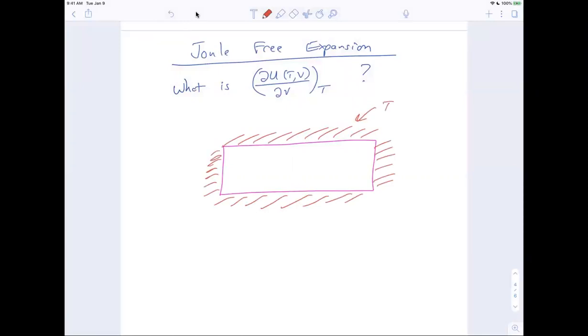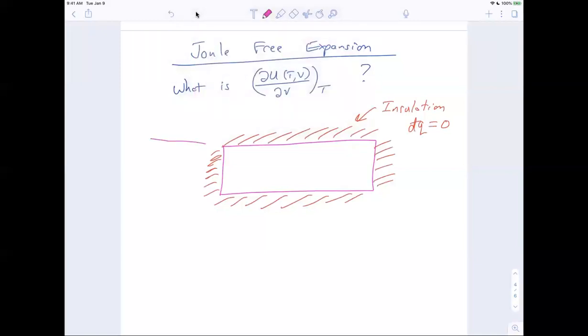That's good, because that means dq is equal to 0 for this process. Because we have insulation, our system is going to be within this container.